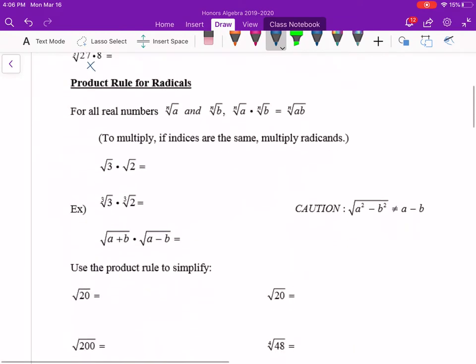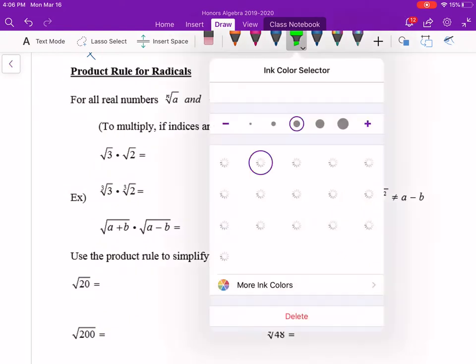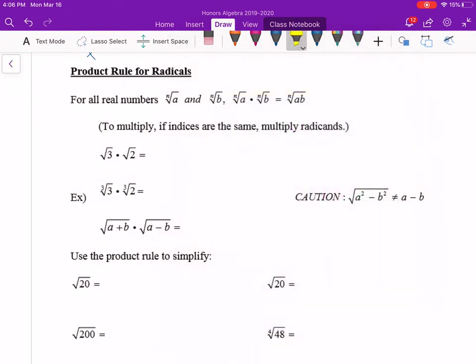So the one thing that is important for radicals is that they have to have the same index. So the index is this number right here. So square roots multiply with other square roots. Cube roots will multiply with other cube roots if we are going to just make their product our new radicand, the number underneath.